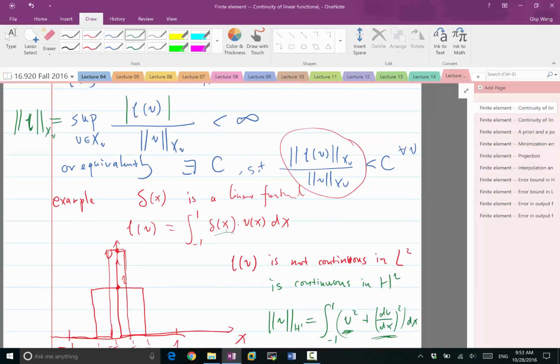So L of V is a function that maps from a linear space, from a functional space, to a field, let's say the field of real numbers. So the result of the L of V has to be a number. So what do you mean by L of V is a step function?